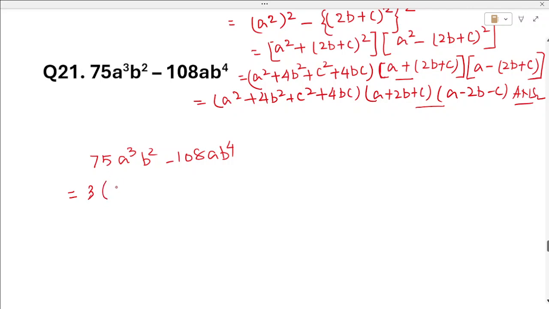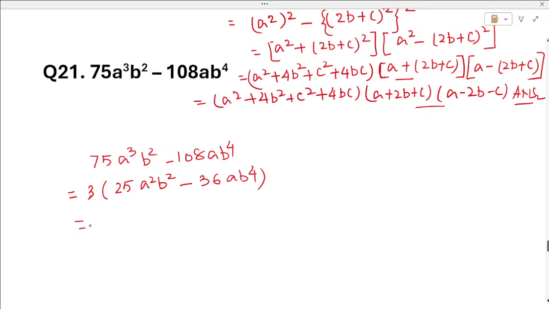inside the bracket 25, 75a cube b square minus 3 3s are 9, 3 6s are 18, 36ab to the power 4. Correct.